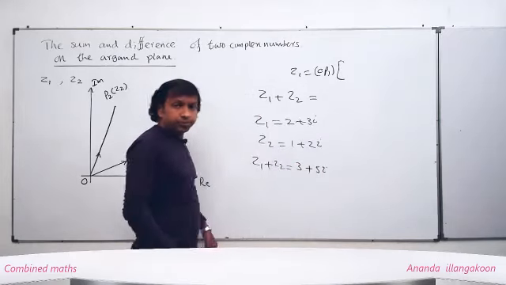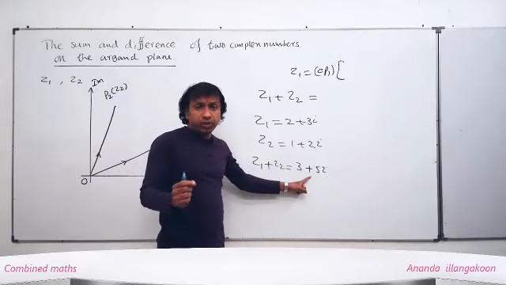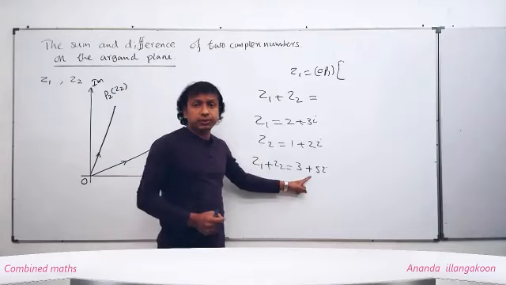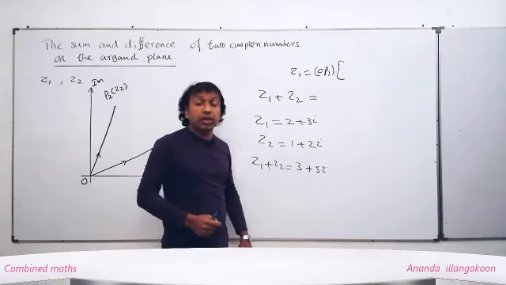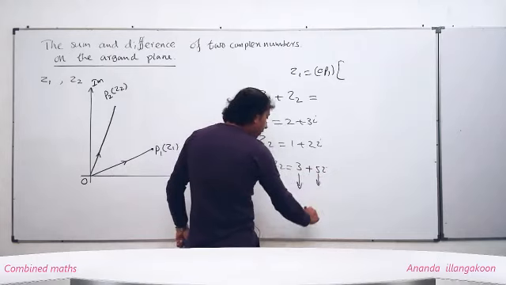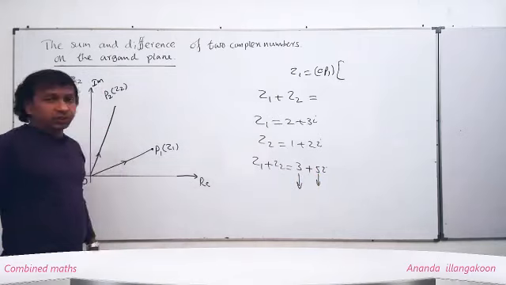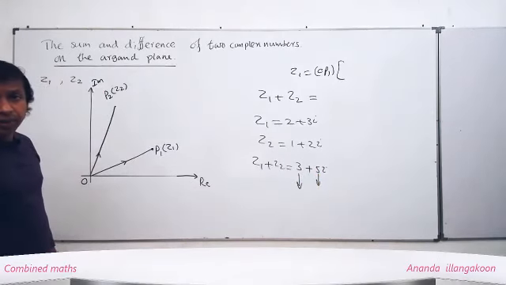Since this is another complex number, there should be a unique place for it on the Argand plane, because the real coordinate is 3 and the imaginary coordinate is 5. The point (3, 5) represents this complex number Z1 plus Z2. So now I'm going to find out what that position is.